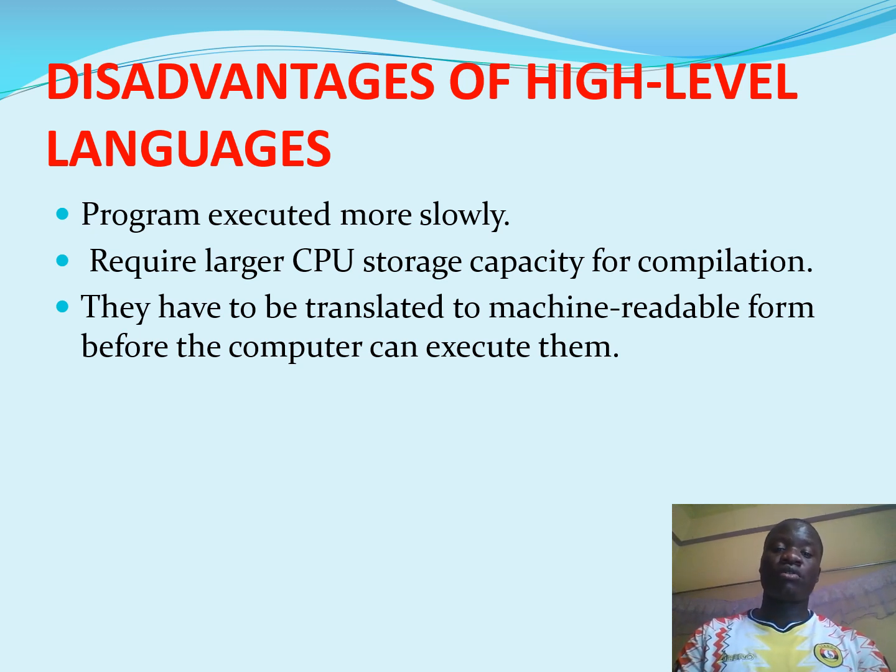It does not interpret at a go compared to the compiler. The difference between compiler and interpreter is that the interpreter works step by step, while the compiler compiles at once, at a go.